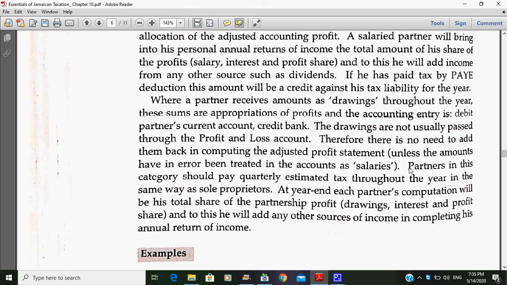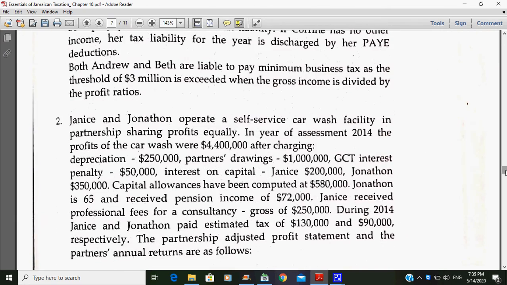Now in this case, the reason why we're adding back the partners' drawings is because they have been treated as salaries. Why? Because the question said that in the year of assessment 2014, the profit of the car wash was 4.4 million after charging the depreciation and partners' drawings.